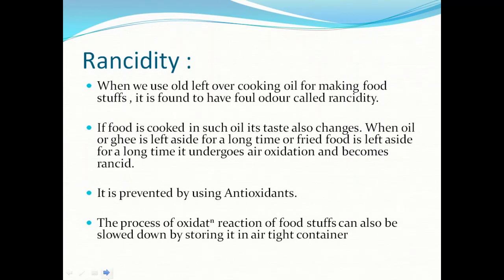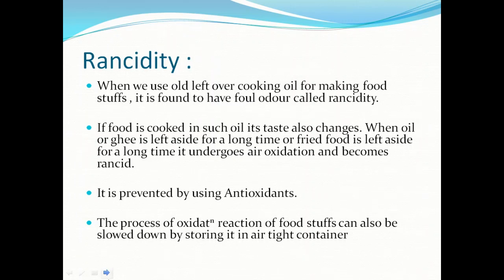When we use old leftover cooking oil for making foodstuffs, it is found to have a foul odor called rancidity. If food is cooked in such oil, its taste also changes. When oil or ghee is left aside for a long time or fried food is left aside for a long time, it undergoes air oxidation and becomes rancid.